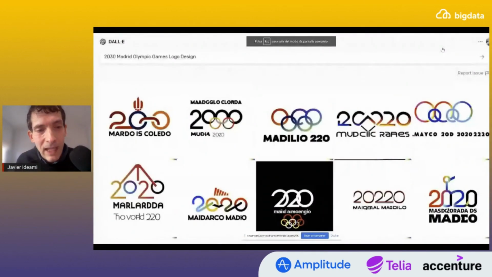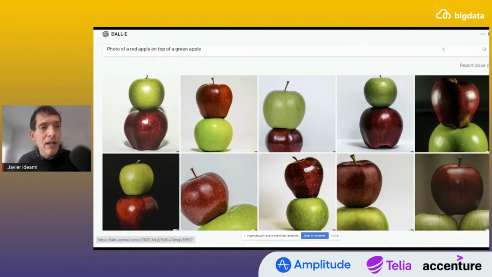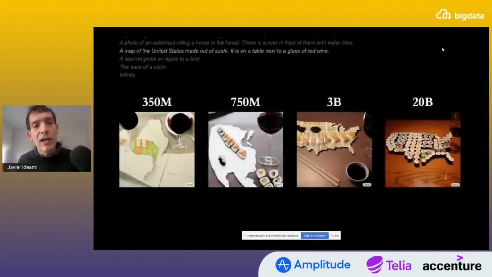Okay, so the next thing is text. These architectures are not optimized for text, but this is improving. Then the order. You see, I'm asking for a photo of a red apple on top of a green apple, and sometimes it puts the red on top of the green, and sometimes it does the opposite. Again, this is a problem with lack of system 2 capabilities, and weird combinations can give it trouble as well.